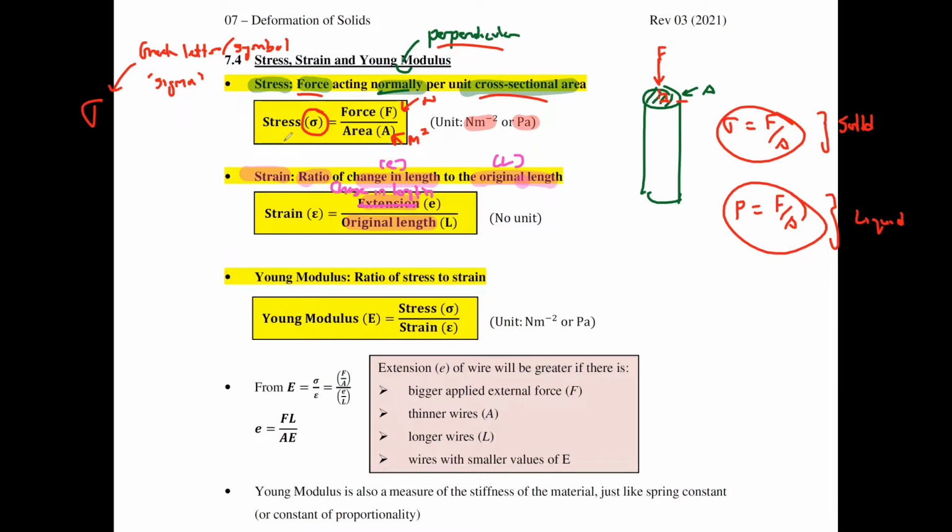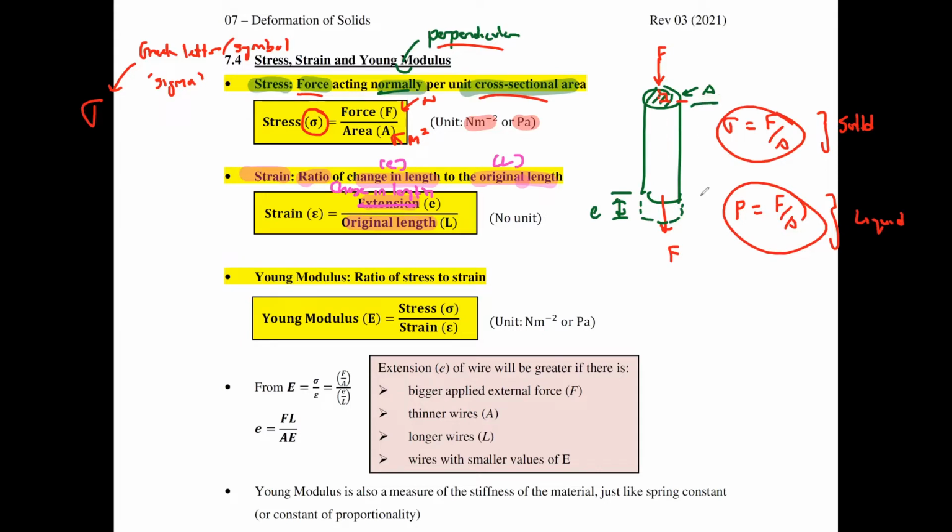When you apply a force to deform a material, let's just say a wire, you will cause the wire to extend, giving you an extension e or change in length e.